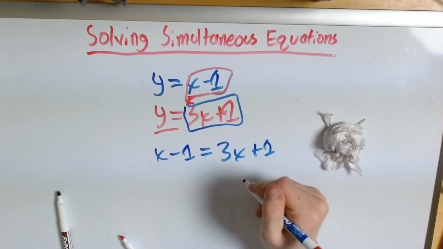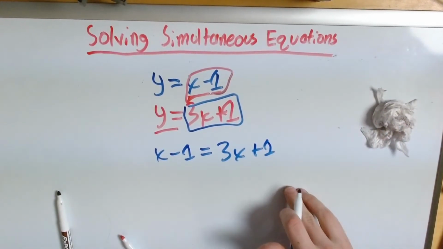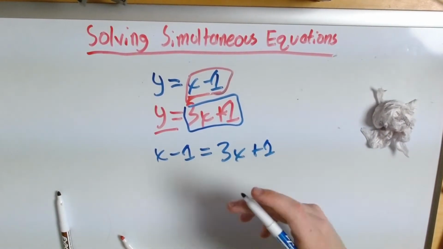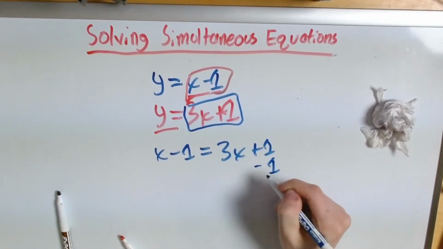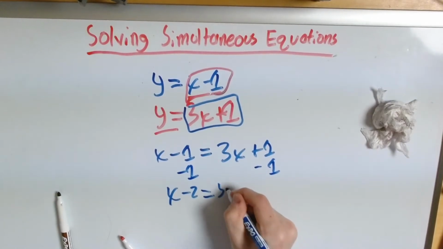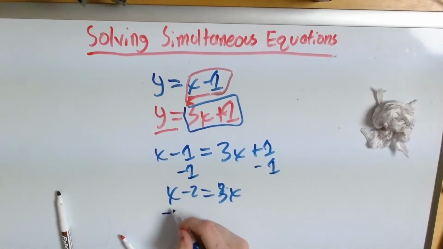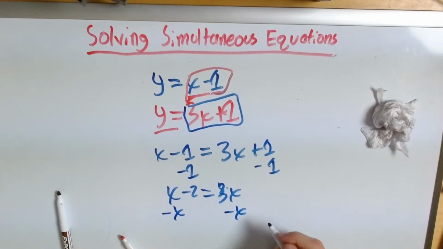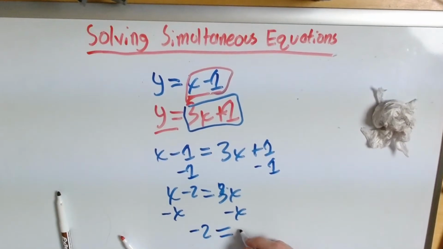And we can solve them, right? So I want all my x's on one side and all my non-x's on another. So I'm going to subtract 1. And then subtract x. So I'll have negative 2 equals 2x. And I'll, of course, divide by 2.